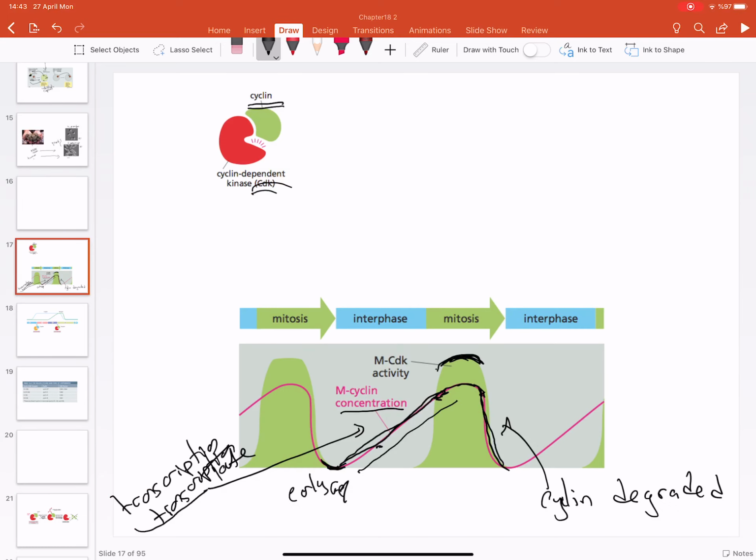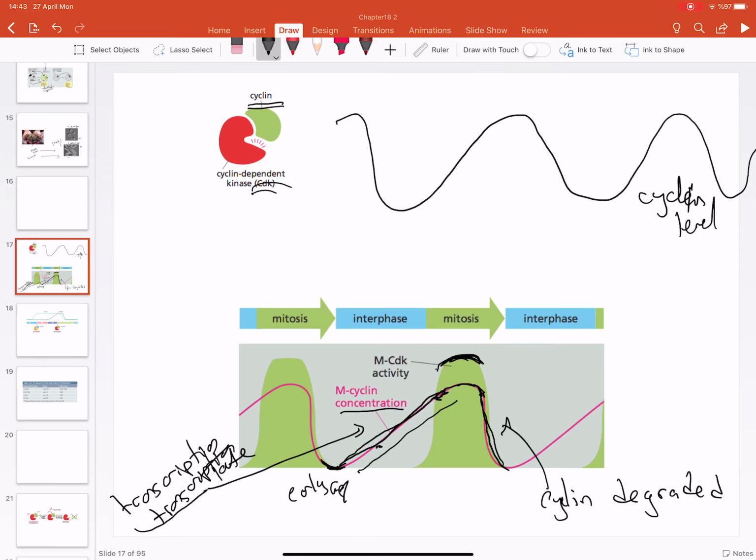Okay, so all through the cell cycle, the cyclin level decreases and increases, decreases and increases. This is the cyclin level. The CDK level is constant. The CDK level doesn't change. What changes for CDK is the activity.